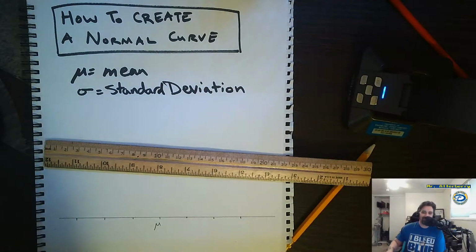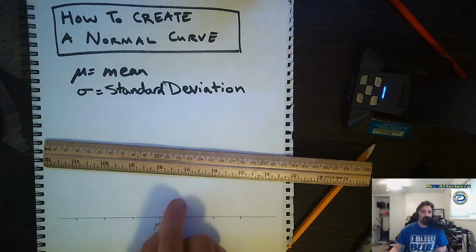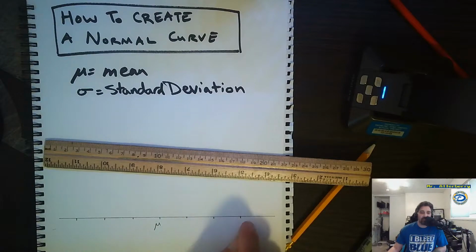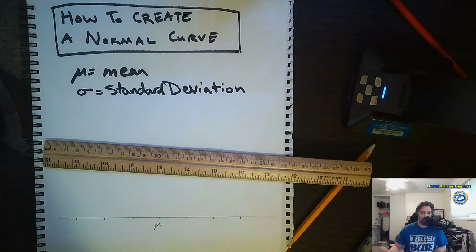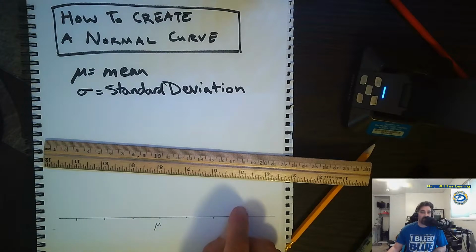Standard deviation is that other number that's calculated about variance. You want to add that to each side, starting from the middle. And you want to take that number and subtract it. So the way we show that is 1 standard deviation, 2 standard deviations, 3 standard deviations.